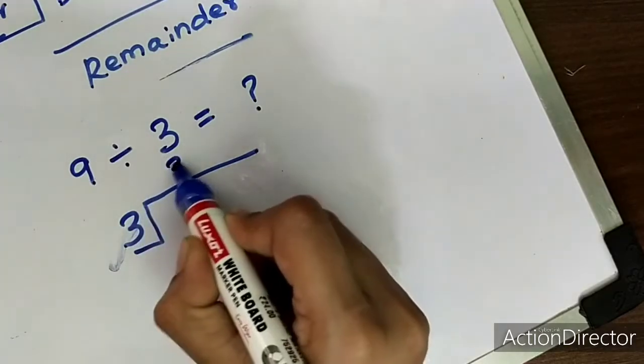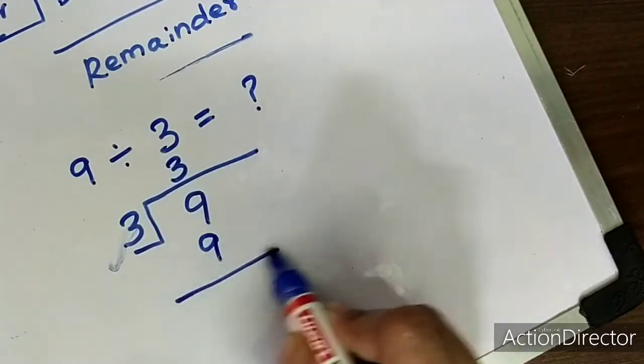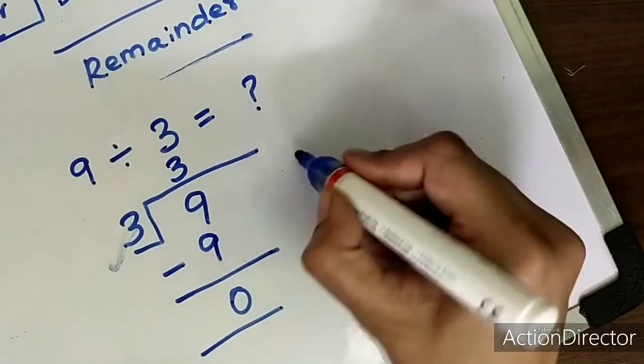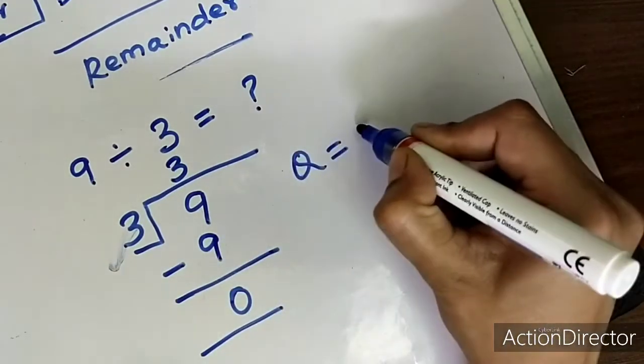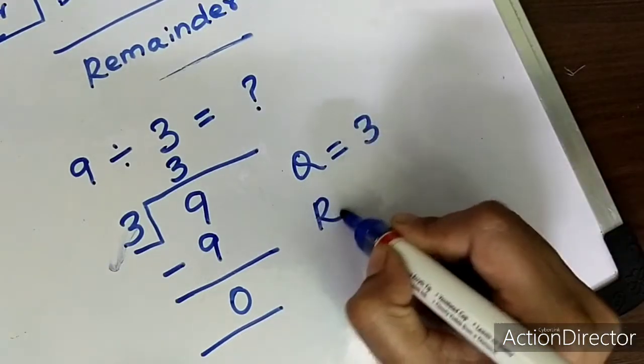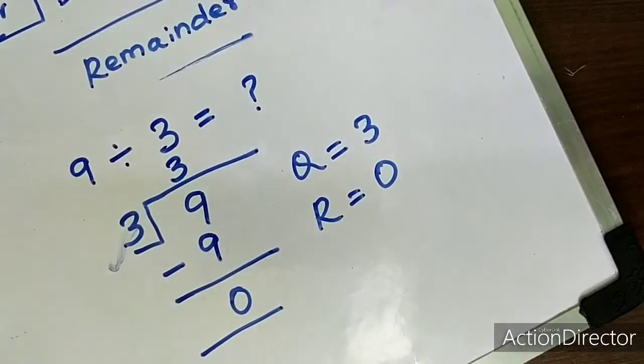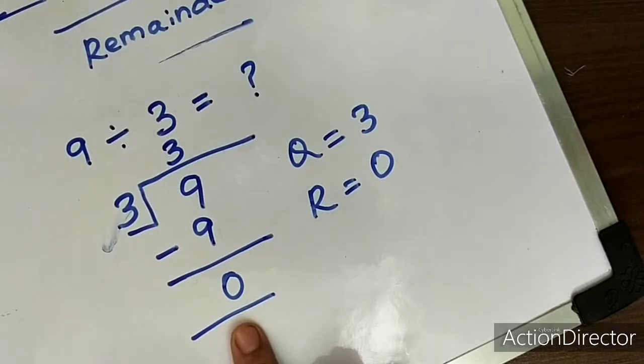So 3 threes are 9. If you subtract, 9 minus 9 will be 0. Now what is the quotient here? Q is 3 and R is 0. This is how you will find the quotient and remainder. This is long division. Here we don't have a remainder; the remainder is always 0.